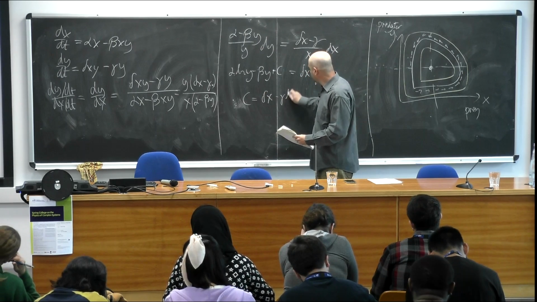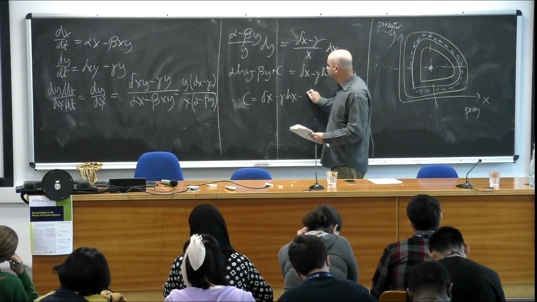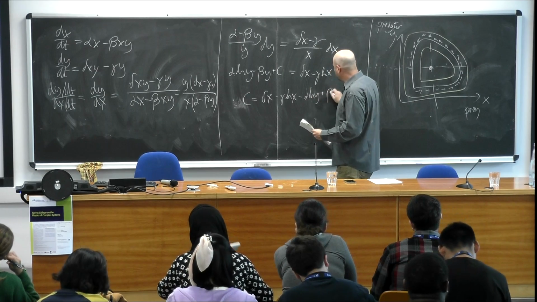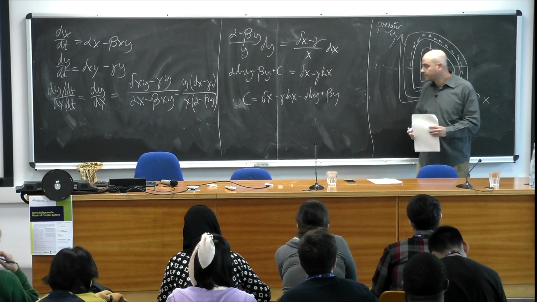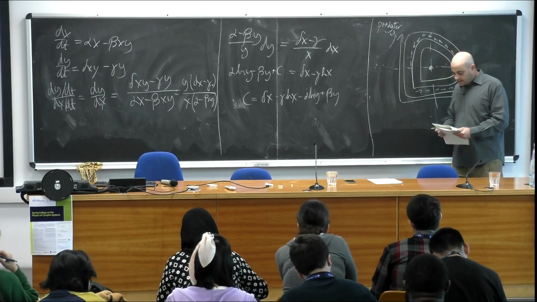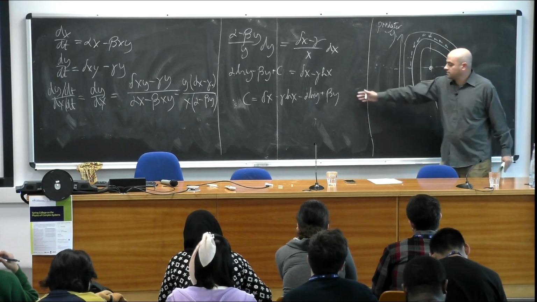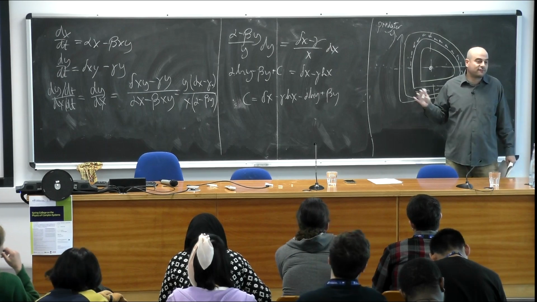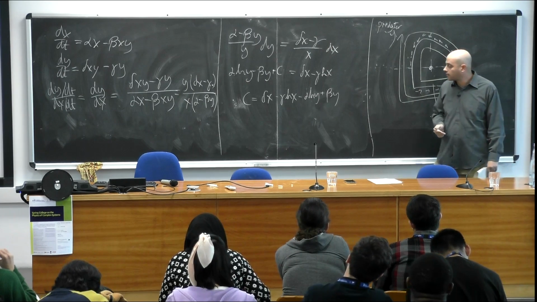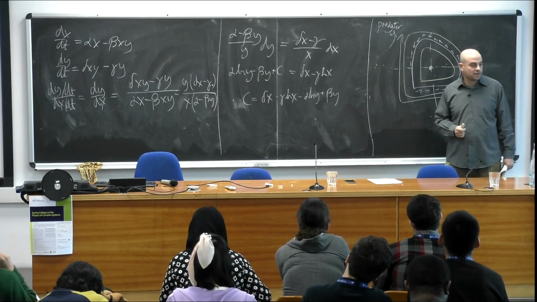Delta x minus gamma log x minus alpha log y plus beta y equals const. And this is what defines these closed fixed orbits, right? This is the constant of motion here.